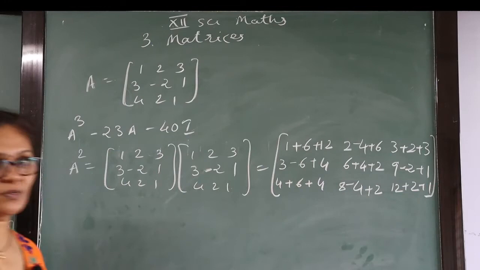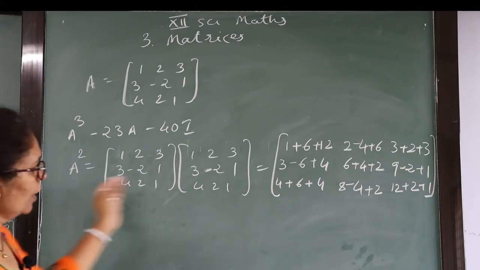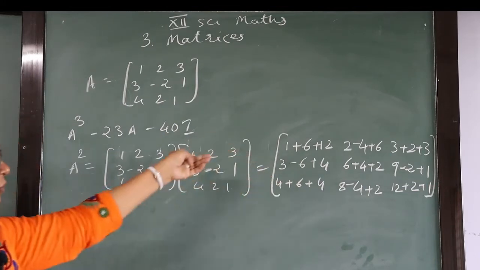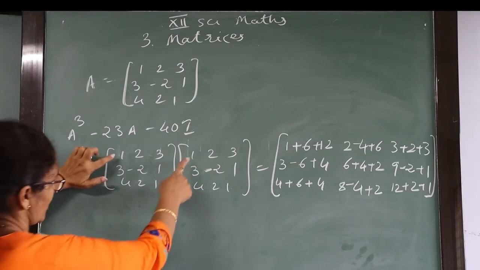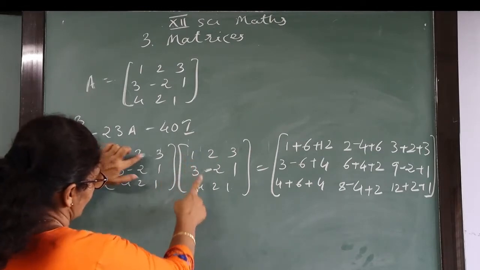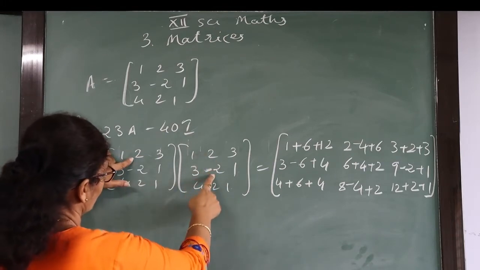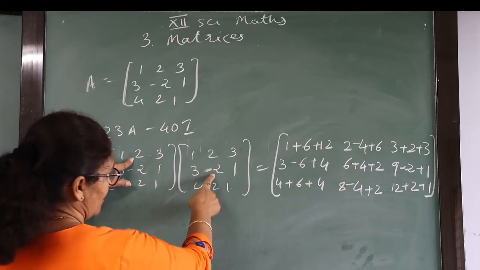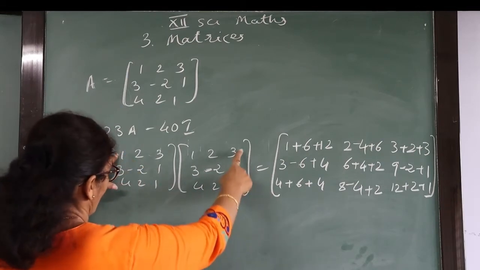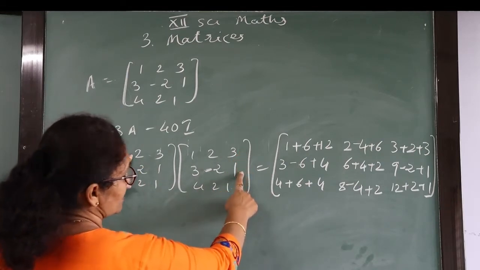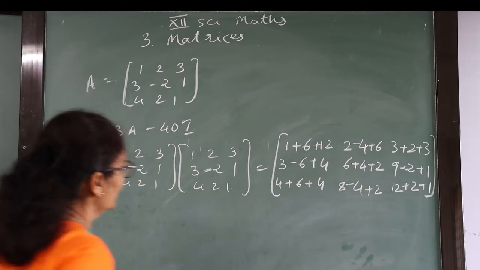This calculation is quite long, so once you have written it, check it so it will be more clear to you. Let's check it. 1 1s are 1, 3 2s are 6, and 4 3s are 12. Similar way 2 1s are 2, 2 2s are with minus sign minus 4, and 3 2s are 6. 3 1s are 3, 2 1s are 2, again 3 1s are 3.